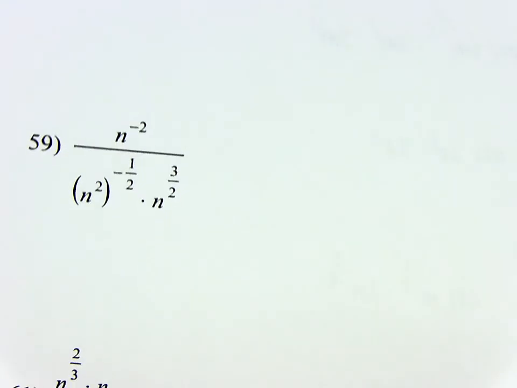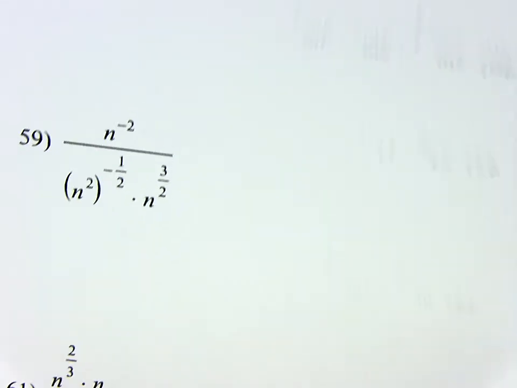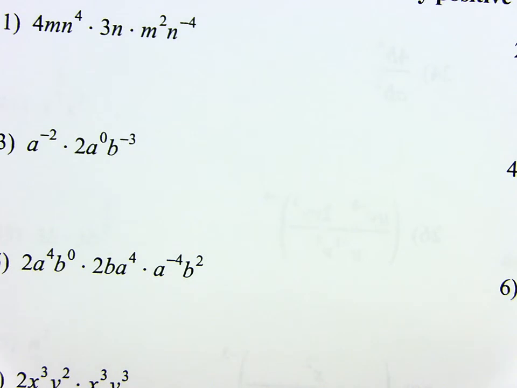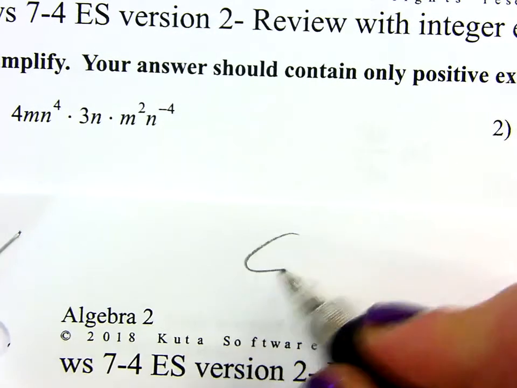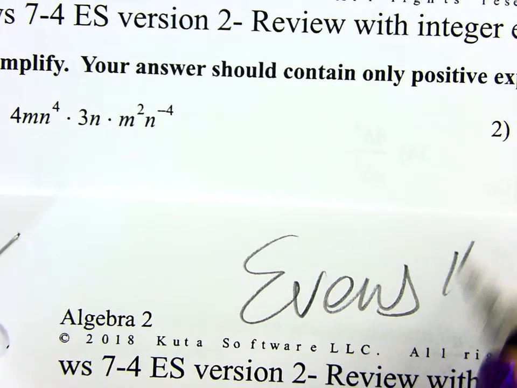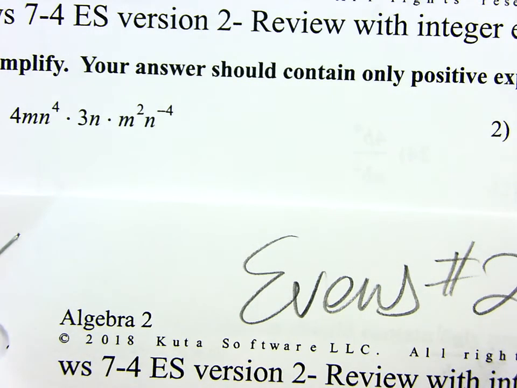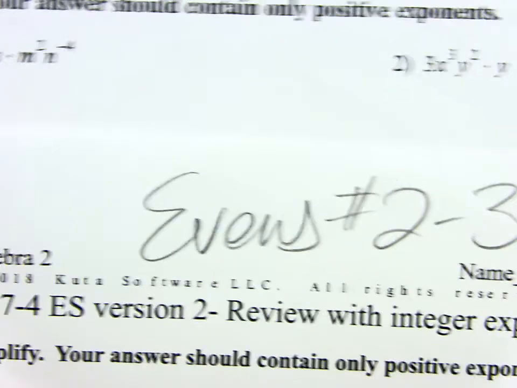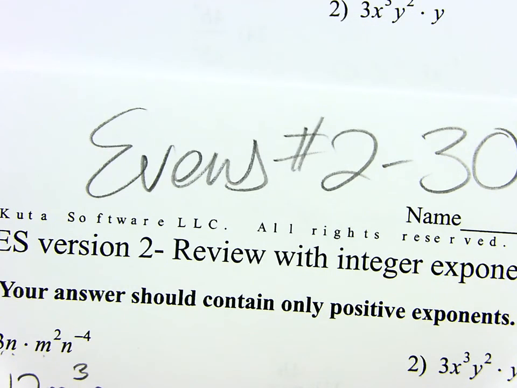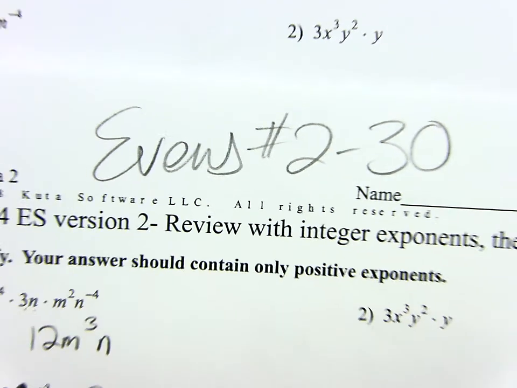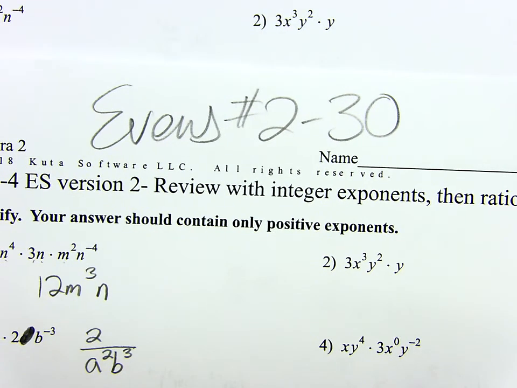Evens 2 through 30. You could probably finish before you leave if you're super fast.